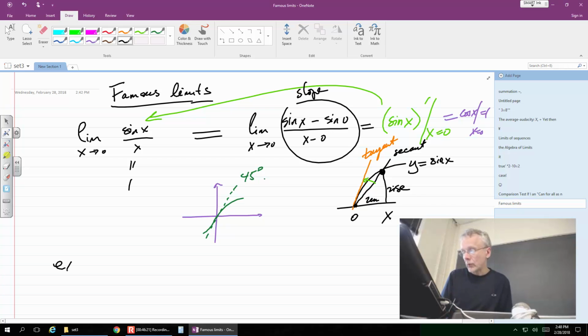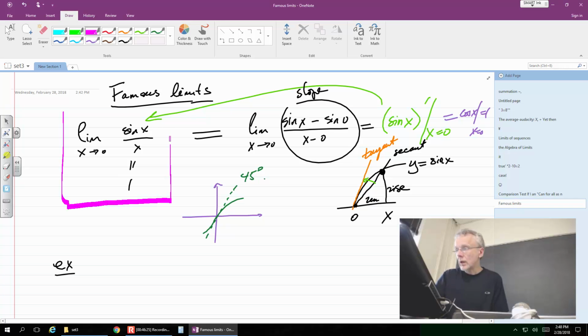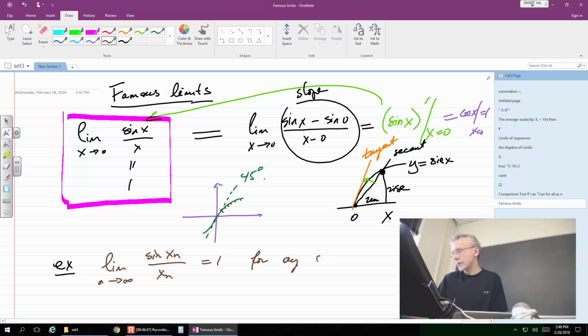The point of this was to restate this famous limit in terms of sequences. One way to do it is simply put a sequence on the graph, as I suggested, like this. Then the limit as n goes to infinity of sine xn over xn is equal to 1 for any sequence xn that goes to 0.